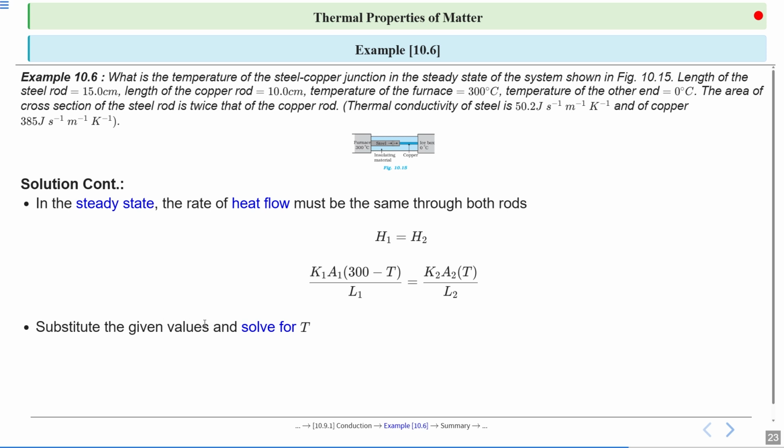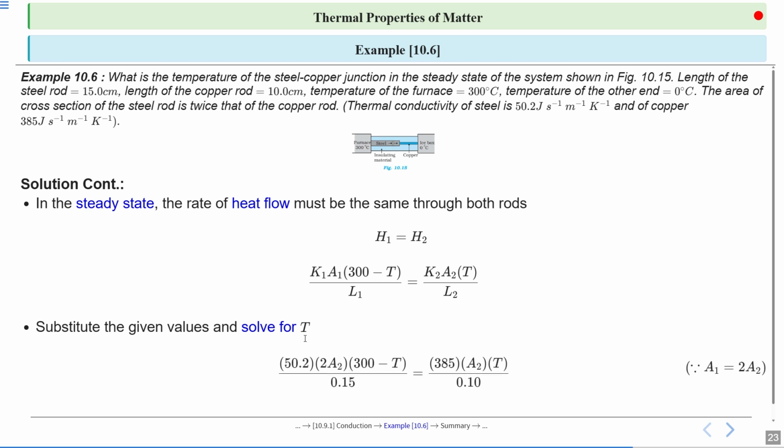So substitute the given values and solve for T. Here we know K1, A1, L1, similarly K2, A2 and L2, and we need to find out T, that is the temperature of the steel-copper junction. The remaining part is just to put the values in this relation and you will get the answer.